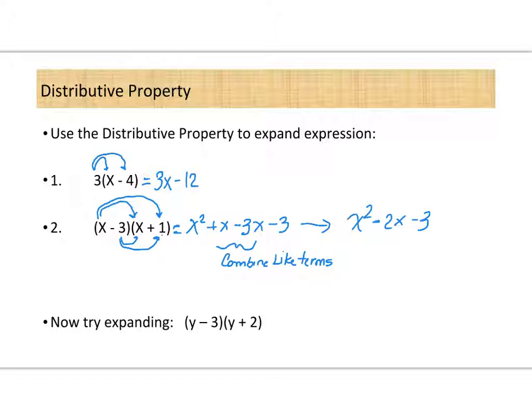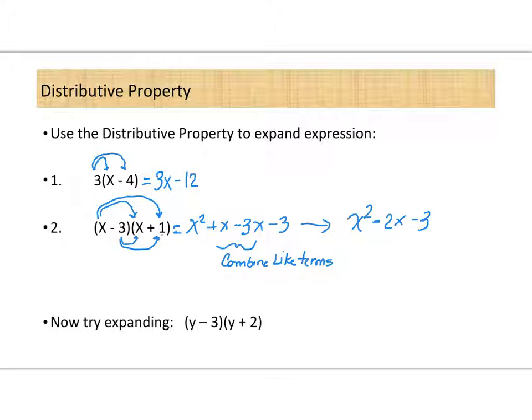As you can see, the arrows are showing you how I'm distributing. So when I start out, I have x times x, which is x squared. Then x times a plus 1 is a plus x. Then a minus 3 times x is equal to a minus 3x. Then a minus 3 times a positive 1 is a minus 3.